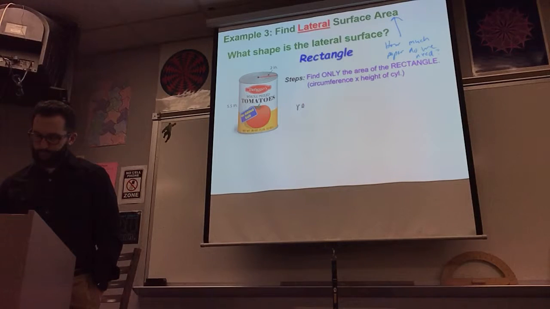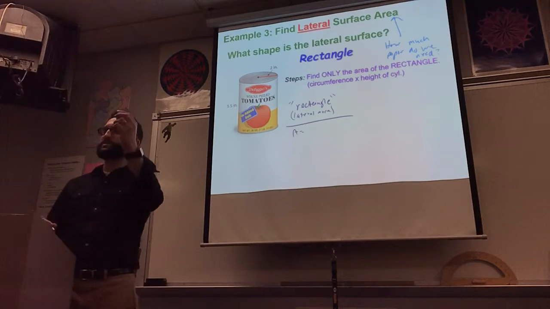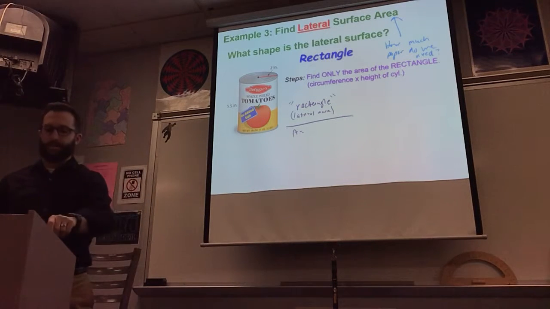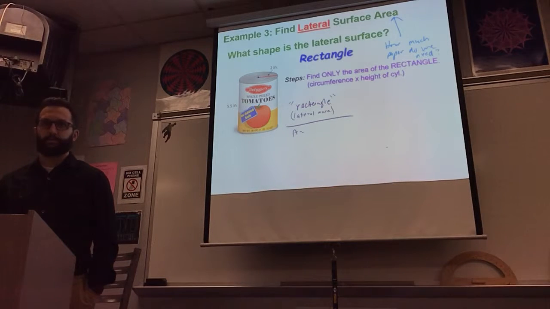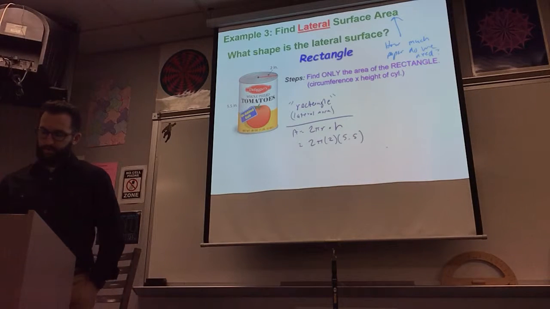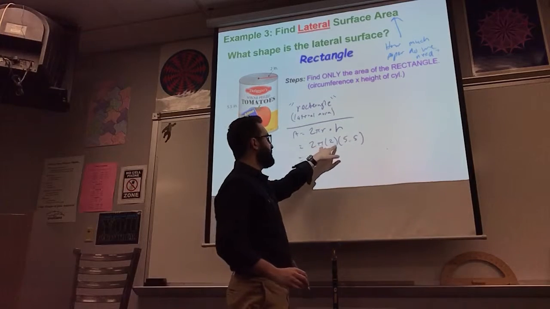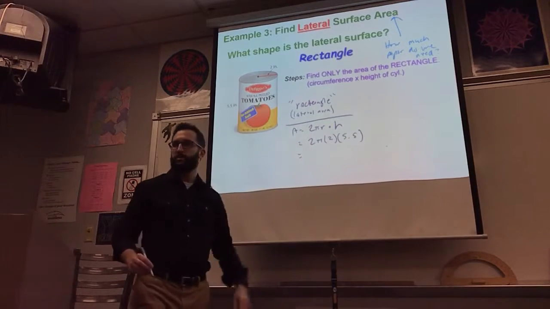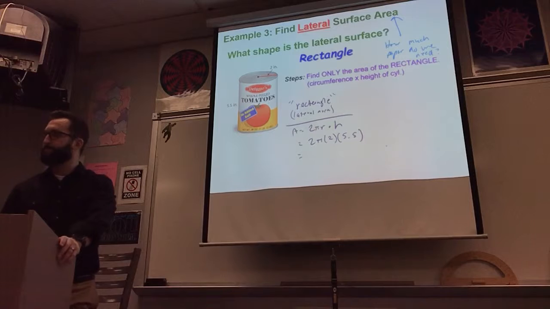So rectangle, which is called the lateral area, right? So area equals circumference times height. So what's the circumference part? 2 pi r times the height. So we get 2 pi what? 2 times 5.5. 2 times 2 is 4, times 5.5 is what? 22.